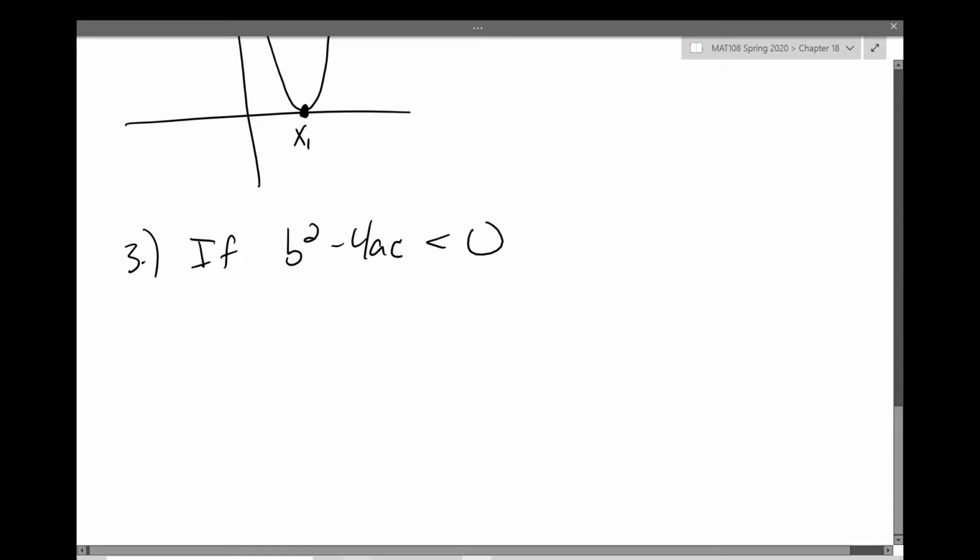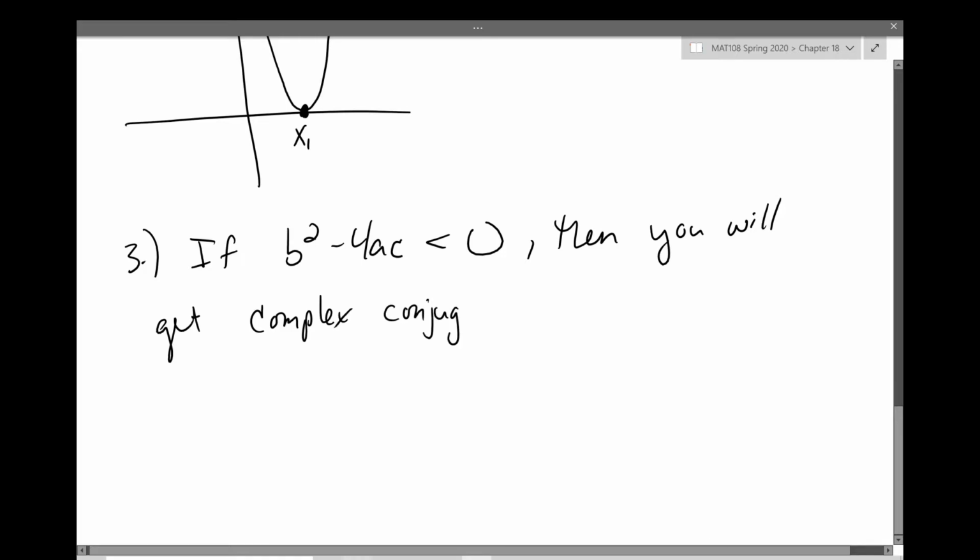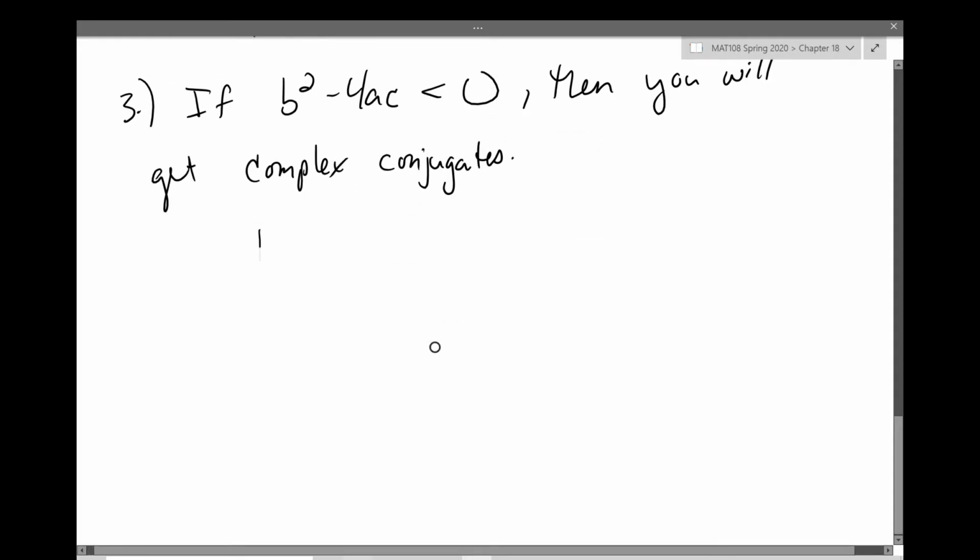If b squared minus 4ac is less than 0, then you will get complex conjugates. Let me show you what that looks like. Here's our graph, here's our quadratic.